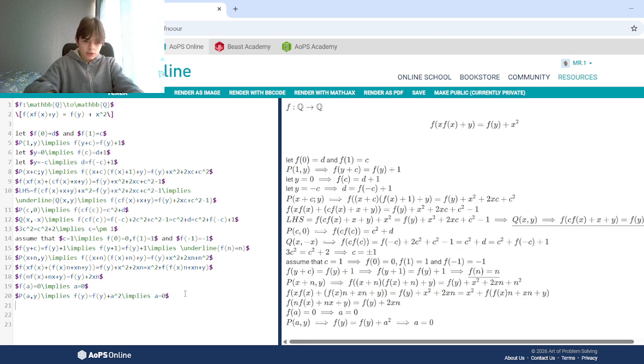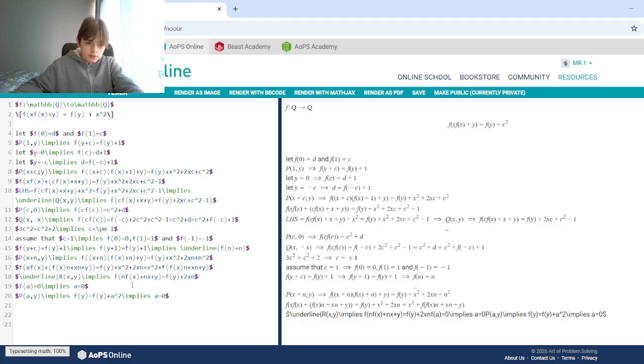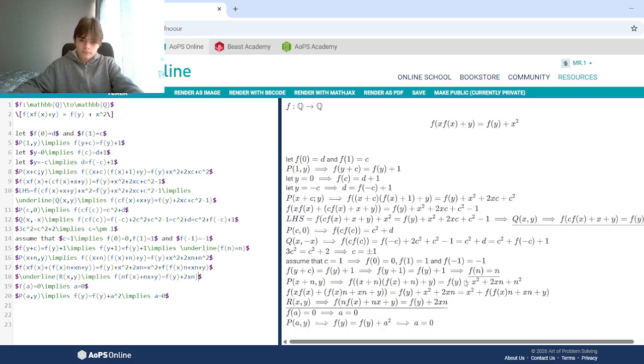Okay, since we proved this, now we will let y equal to minus 2, for example, say b, and let's call this x y.